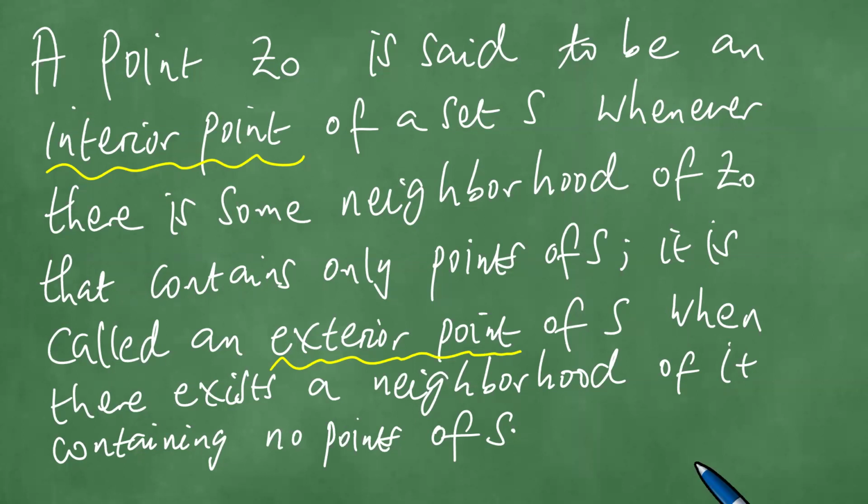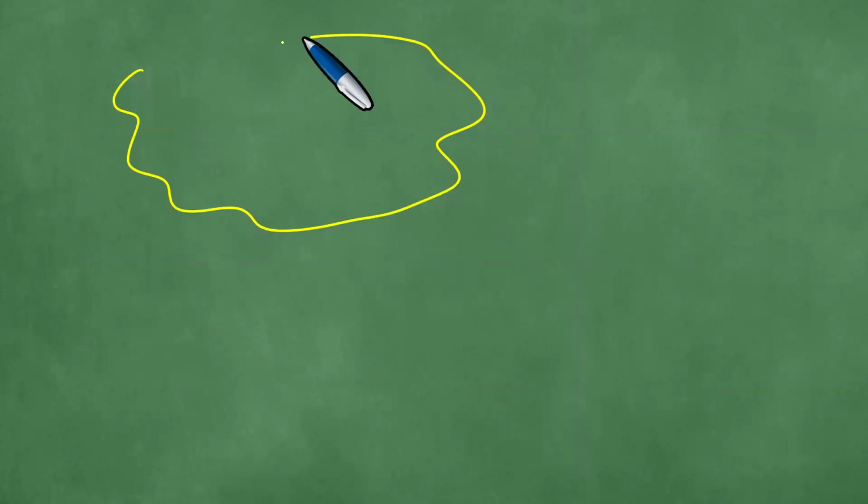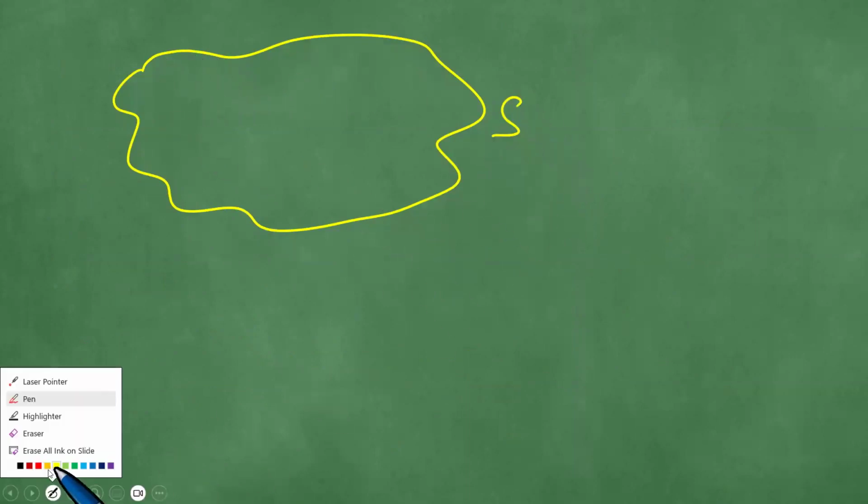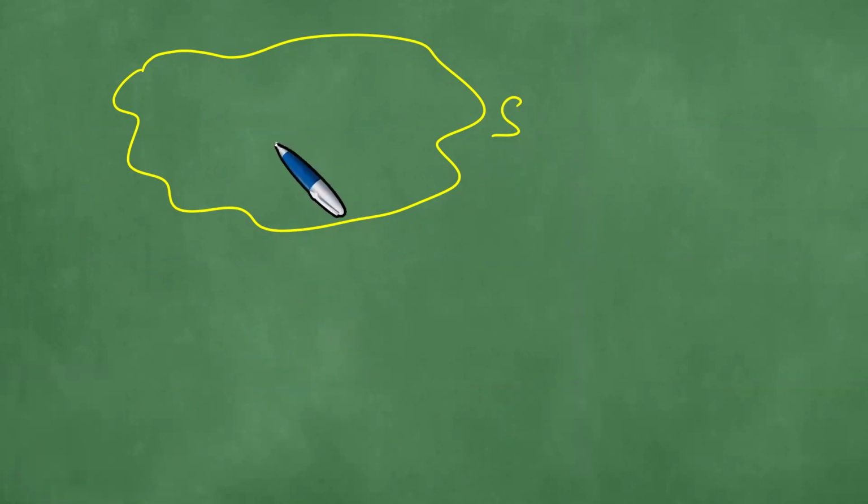Okay, so I want us to look at this carefully. Here is a point, here is a set. Right, so if one looks at a set S, here is a set S. And we're identifying a point Z0.